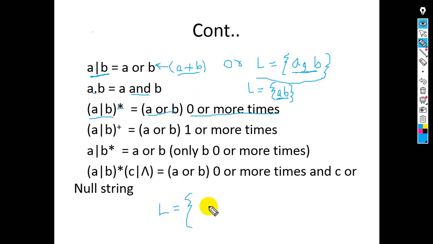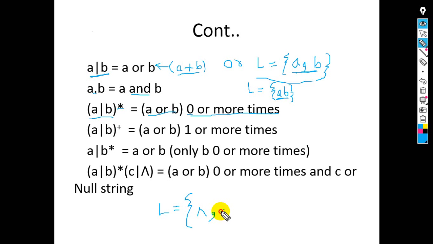The language is A or B, zero or more. If there is a star, the first string is the null string. So this means zero, and then we have or more times.